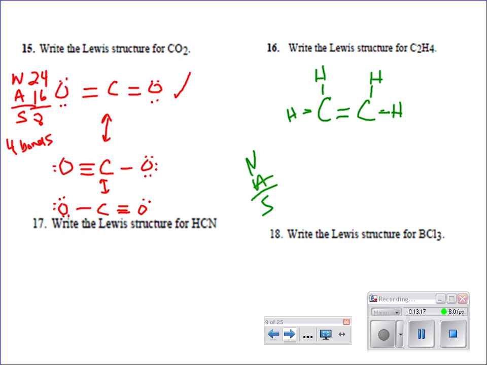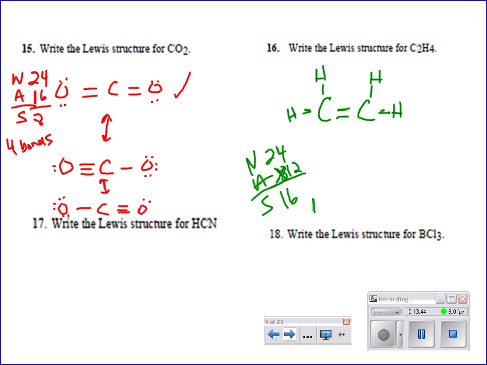How many do we need? 8 times 2 is 16, plus 4 times 2 is 8. What's 16 plus 8? 24. Available, we have 4 plus 4, 5, 6, 7, 8. So how many are we going to share? 16. So that is how many bonds? We have more available? 1, 2, 3, 4 plus 8. 12.